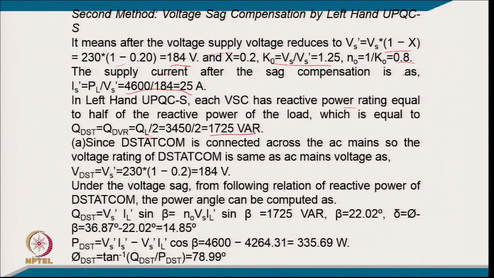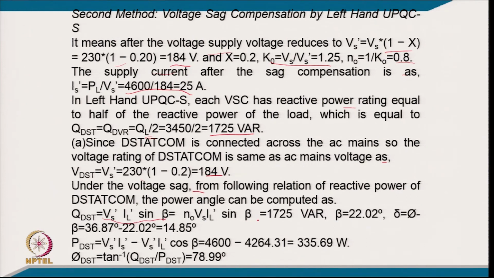So, that comes to 1725 VAR, and since the DSTATCOM is connected across the AC mains, the voltage rating of the DSTATCOM is the same as the source voltage. So, it becomes 184, and under voltage sag, from the following relation of reactive power, the power angle can be calculated.